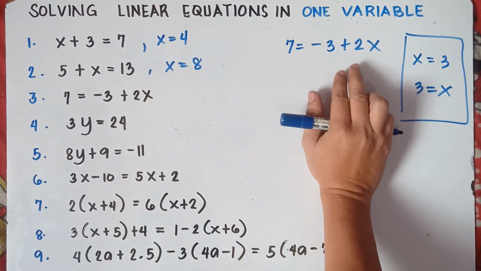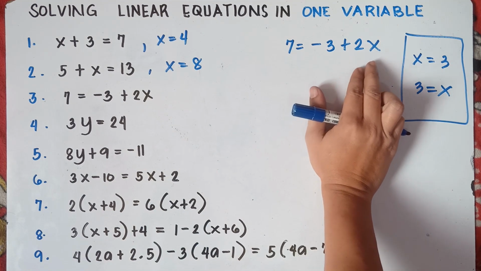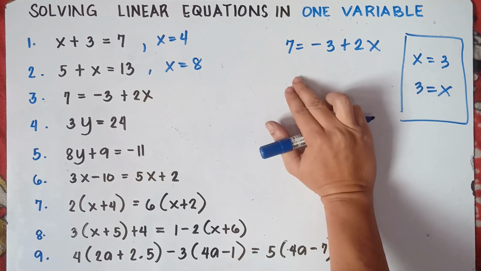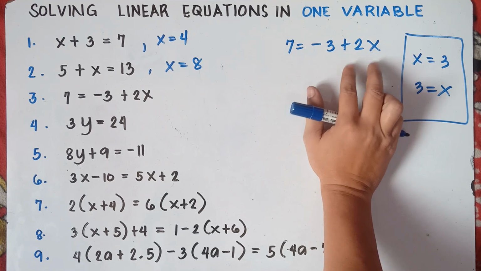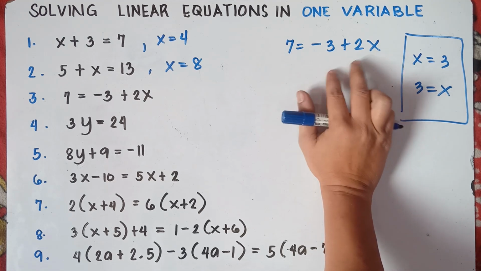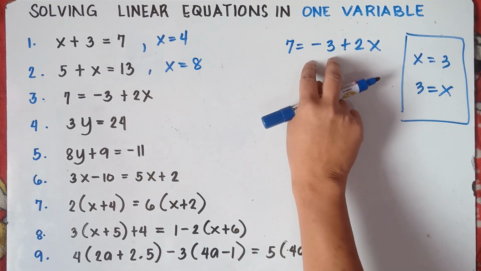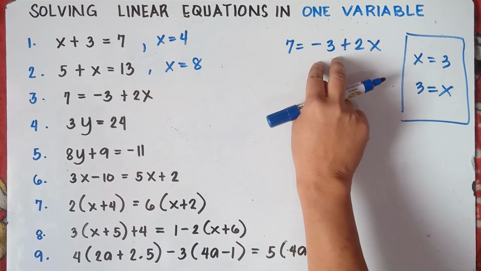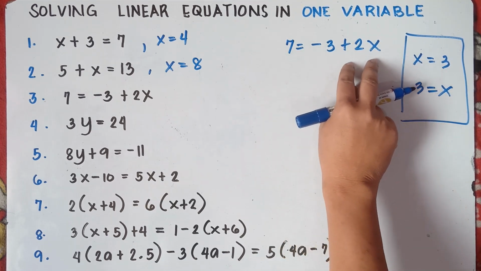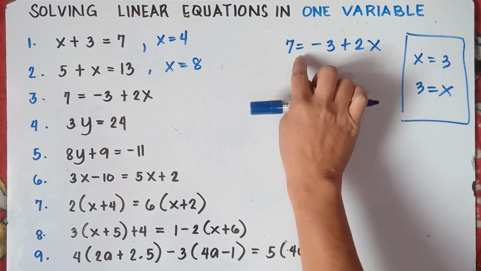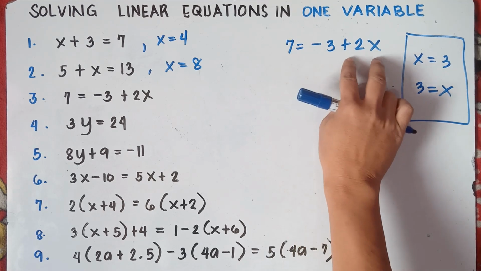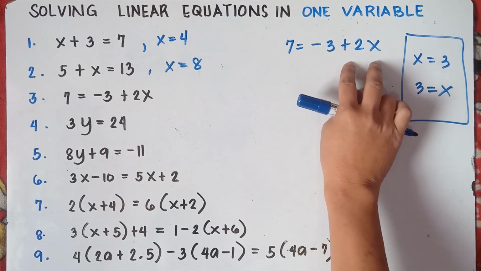So let's try the first thing, the basic one. We don't need to transpose 2x from right to left, because if we transpose this one, it will change the sign and our x will be negative and it will be more complicated. So I will just simply transpose negative 3 from right to left and remain this 2x in the right side of this equal sign to make this 2x not to be negative.